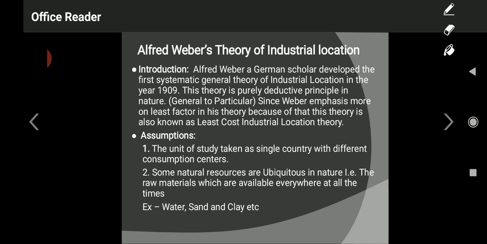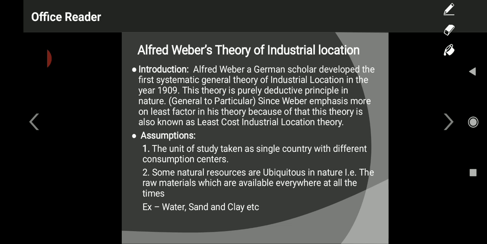It is called deductive principle in nature. If you select location like this, definitely you will get success in the business according to Weber's theory of industrial location. I hope you understood. So this theory is purely deductive in nature, general to particular.